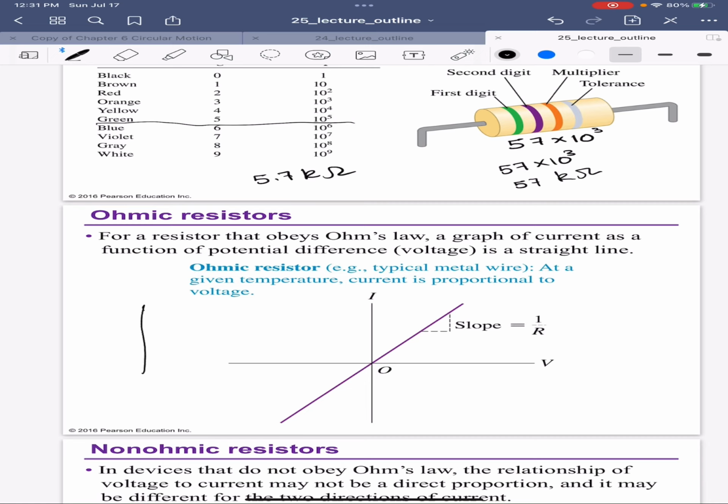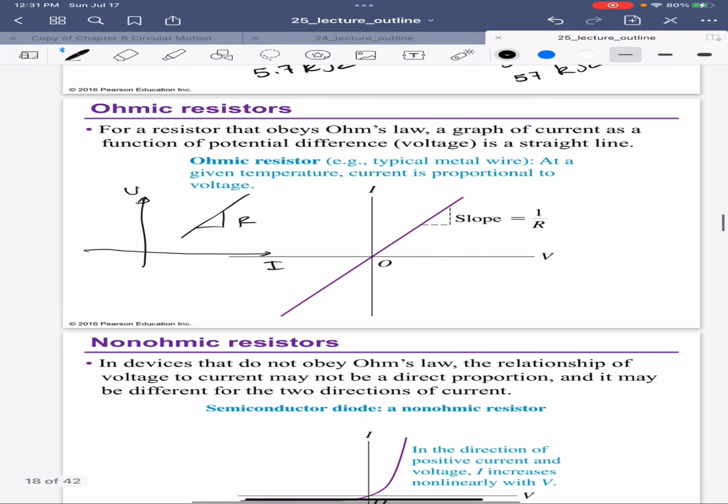I always like to say V versus I, because I want my slope to equal R. But here they graphed I versus V, so the slope is going to be 1 over R. Any resistor that obeys Ohm's law, which means when you plot its voltage versus I it gives you a straight line, we call an ohmic resistor, and at a given temperature, current is proportional to voltage.